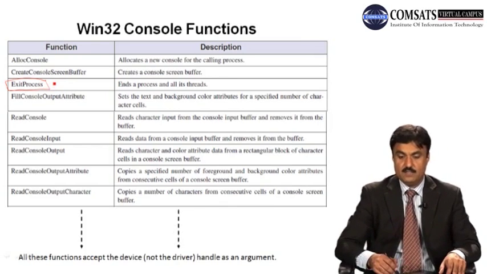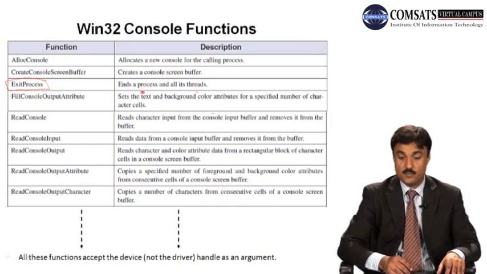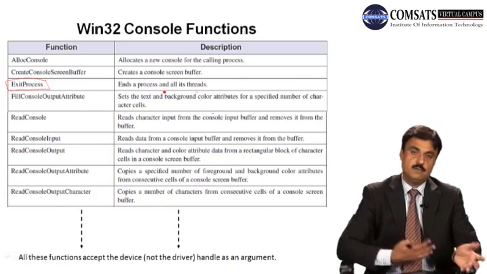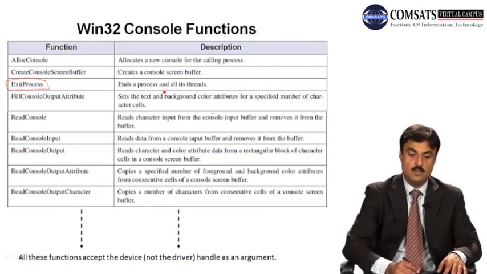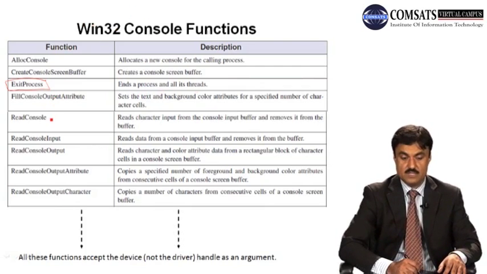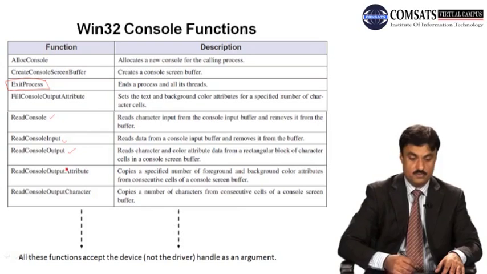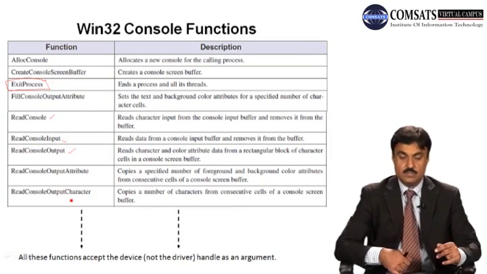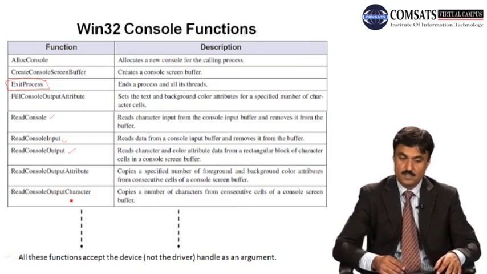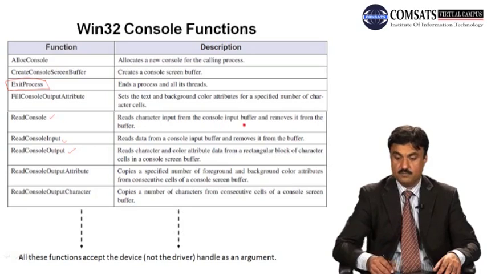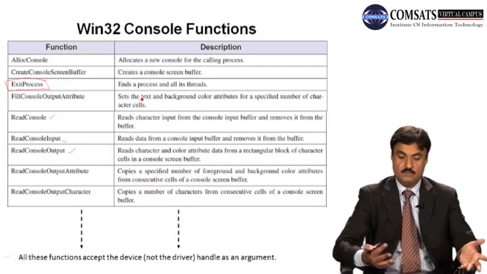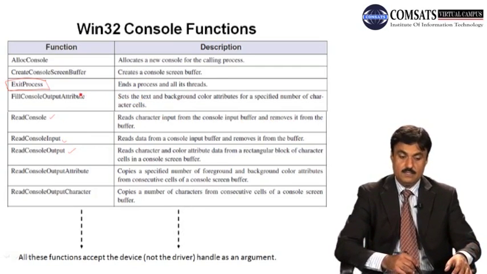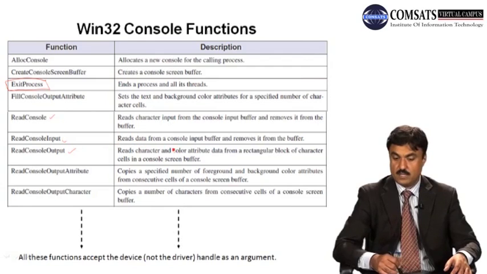It will end the program, exit the process and all its threads, and transfer control back. We also have, for example, ReadConsole, ReadConsoleInput, and ReadConsoleOutput. ReadConsole reads character input from a console input buffer and removes it from the buffer. So once we read, it has been removed. ReadConsoleInput reads data from the console input buffer and removes it from the buffer.